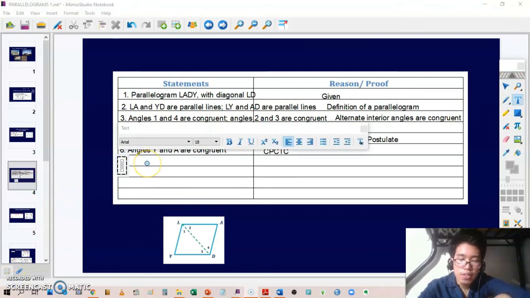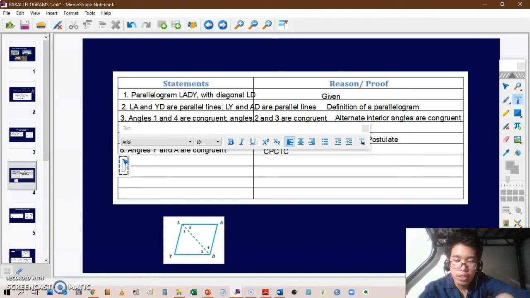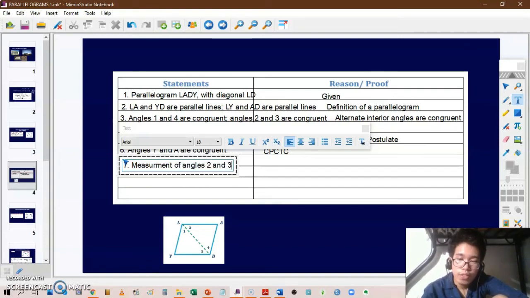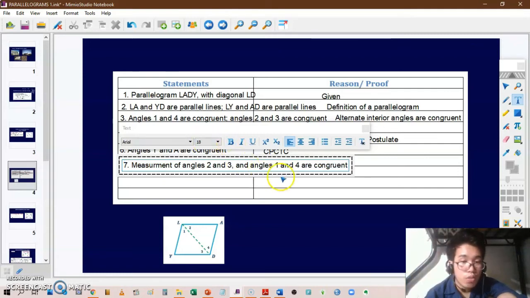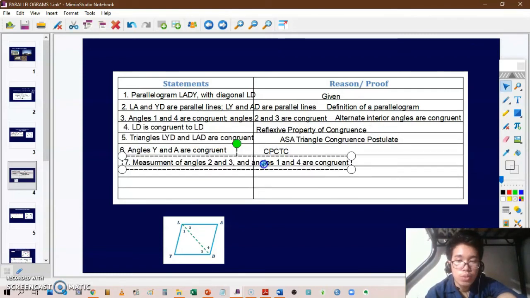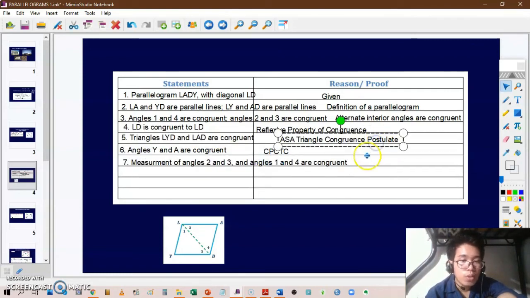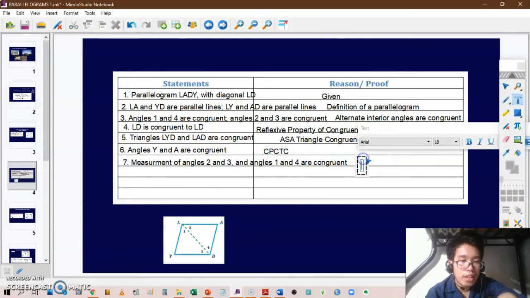For our seventh statement, the measures of angles 2 and 3 and angles 1 and 4 are congruent. We've already seen that, but we want to make it formal. The reason is the definition of congruence.